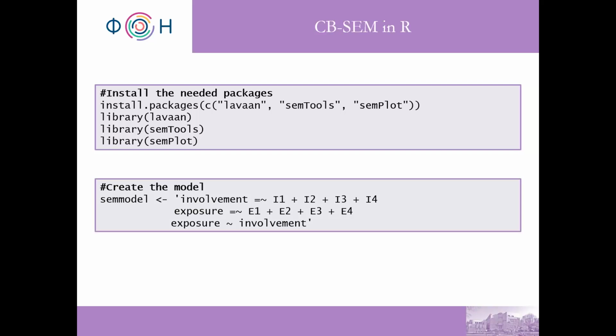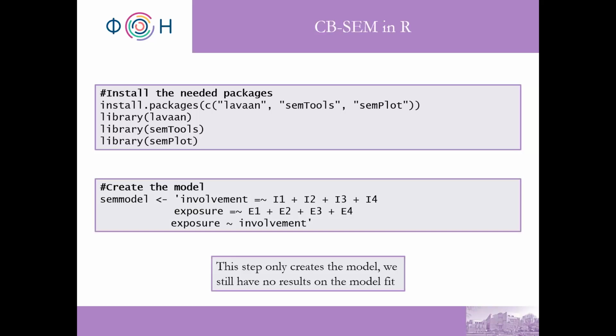The first step is, in fact, to create the model itself. So with this code, we are just creating the model. For now, we are just telling R how we want our variables to be grouped, and what the relationships between the variables we are interested in are.